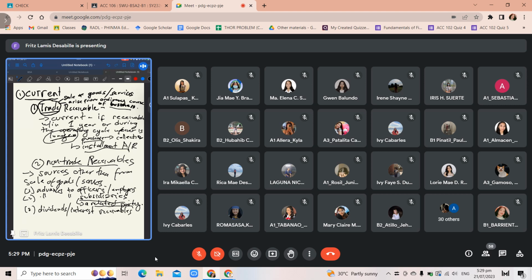But of course, they are usually current receivables because dividends are paid shortly upon declaration, and the interest is usually paid monthly. And if not monthly, it's always paid within 1 year upon accrual. Number four, deposits.